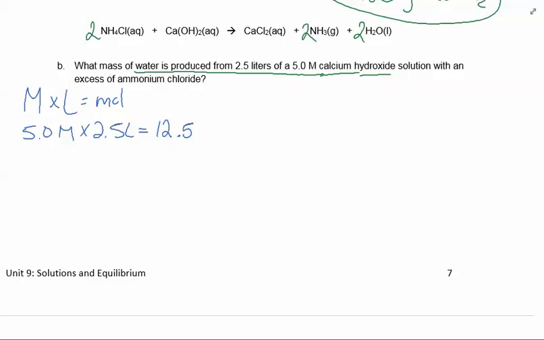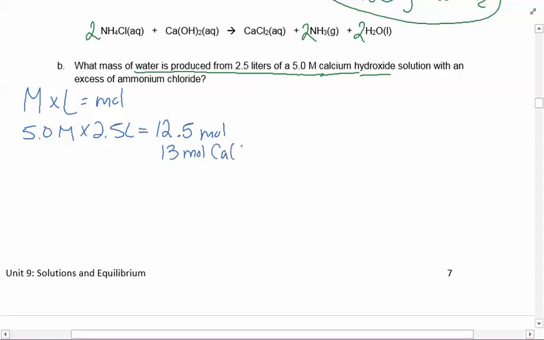So we're going to take this, because both values have two significant figures, we're going to round the 12.5 moles of calcium hydroxide to 13 moles, just so we can keep track of our sig figs. You could use 12.5 through the entire problem and round at the end. That would be acceptable as well for our purposes.